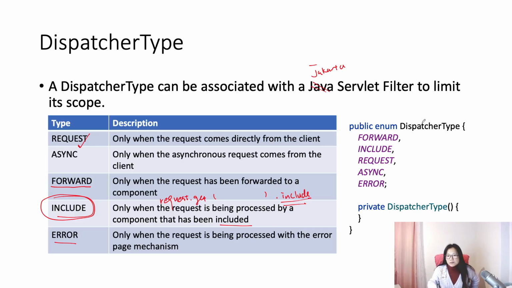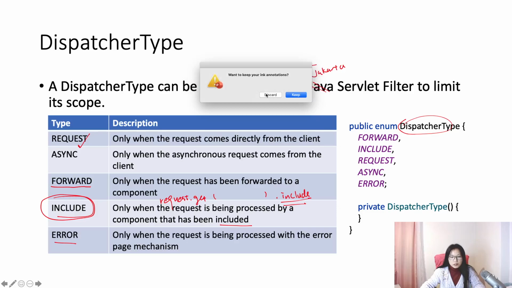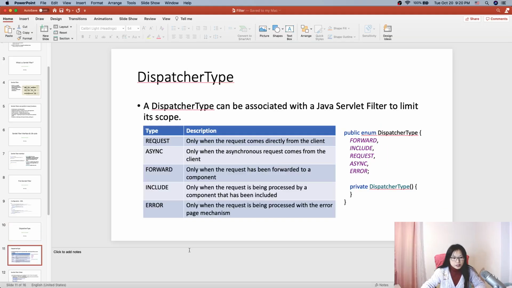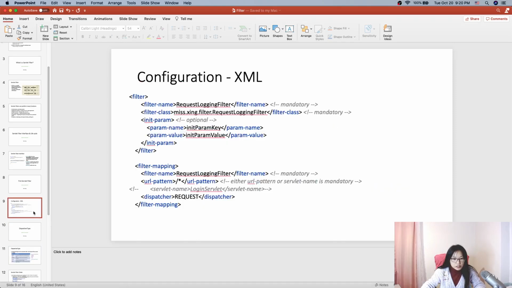And the dispatcher type is an enum, and they have those options. And I said too much. Okay, so now let's show you some of the demo. We will go to the dispatcher, right?